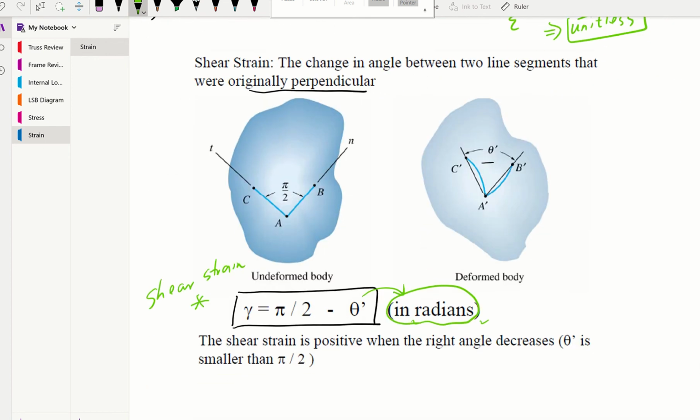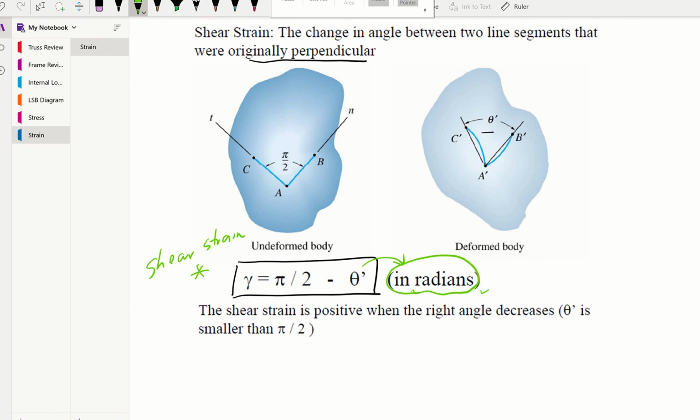How about shear strain? It's gamma. This gamma, pi over 2, is in radians, and theta prime is in radians. So the final unit is radians, and radians is unitless. So in other words, we conclude that no matter what type of strain, either epsilon, normal strain, or gamma, shear strain, the strains are unitless.